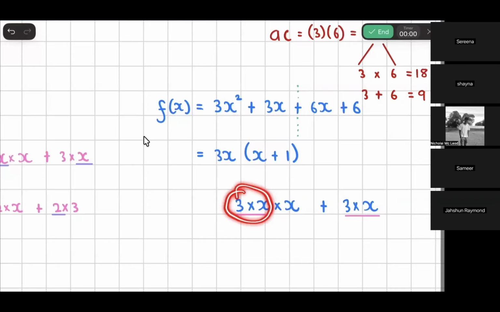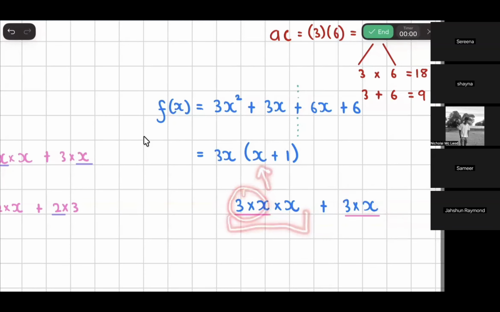Can we both agree that 3 by x is just 3x? So I pull out 3x because both of the terms had it in common. That's what greatest common factor means: they have something in common. So if I pull out the 3x from this term, I would write x in this bracket.